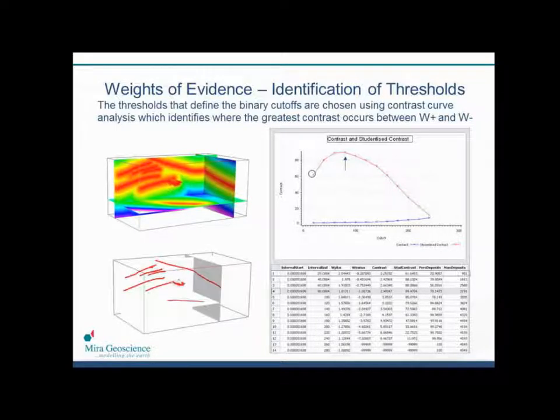If I flip through the diagram, you can see we have our training cells as a deposit. We test all of these different intervals and calculate the positive and negative weights for each interval. At some point you find there's an optimal cutoff value where the contrast is high. That's how we determine our binary cutoff.